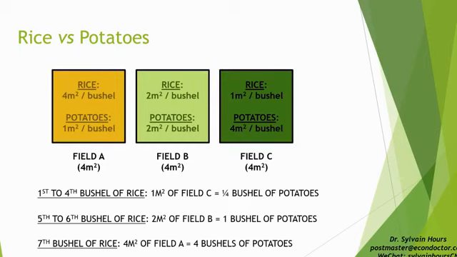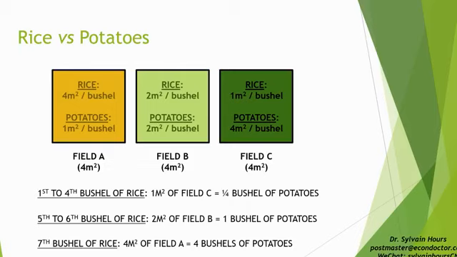So you see that as we increase the production of rice, the opportunity cost of each additional bushel of rice increases from 1/4 bushel of potatoes when we used field C to 1 bushel of potatoes when we use field B. And finally, what if we want to increase the production of rice even more?